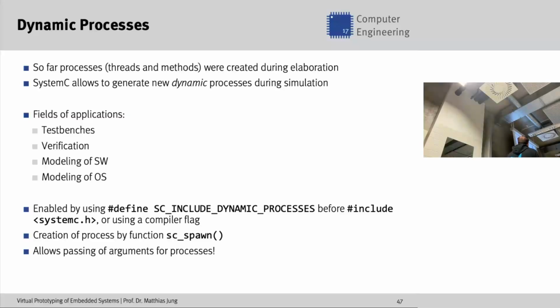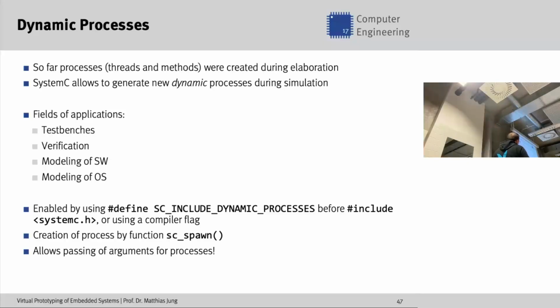And for hardware, that makes sense, but in some cases like test benches, verification, or if you want to model software or tasks in an operating system, also that you could do with SystemC, then it makes sense also that you can spawn a new process during runtime.